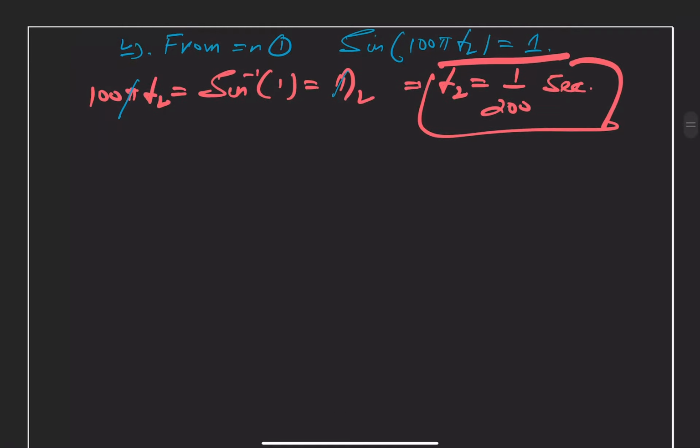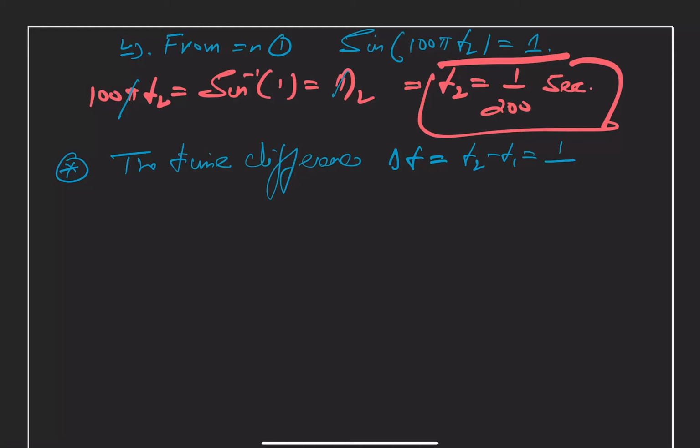Finally, we are going to find the time difference. Let us call it delta t, equal to t2 minus t1.